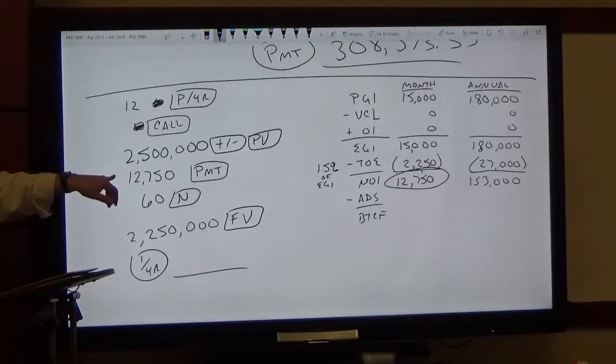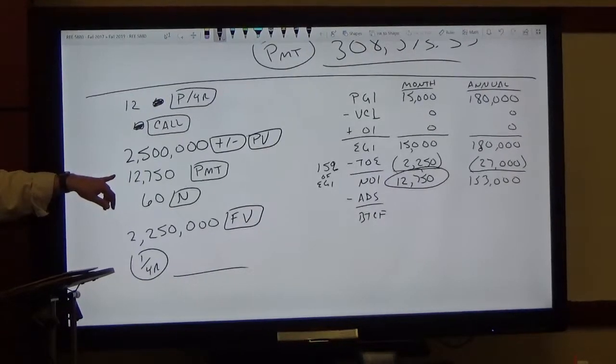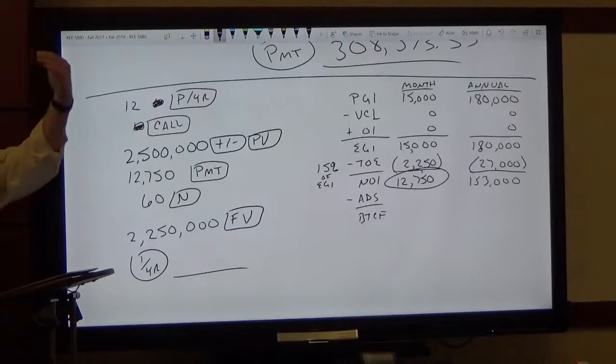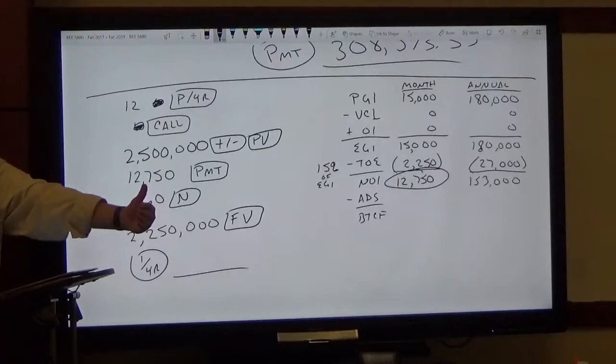Once this number becomes variable, we absolutely must use it. People think that if we don't use the internal rate of return function on the calculator, then it's not an internal rate of return. That's not true. It's simply that most internal rate of return problems have variable cash flows, so you are forced to use the internal rate of return function.